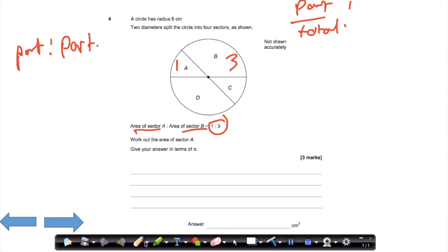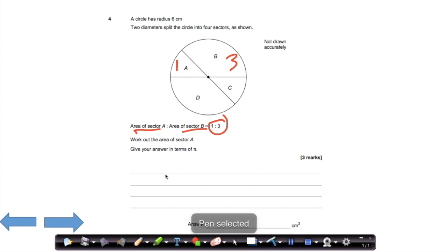Okay, big common mistake is you forget that you're actually talking about a part to a part with ratio. So, working out the area of sector A. Sector A is going to be a part of the full area of the circle. So we need to work out the area of the circle before we work out the area of the sector.